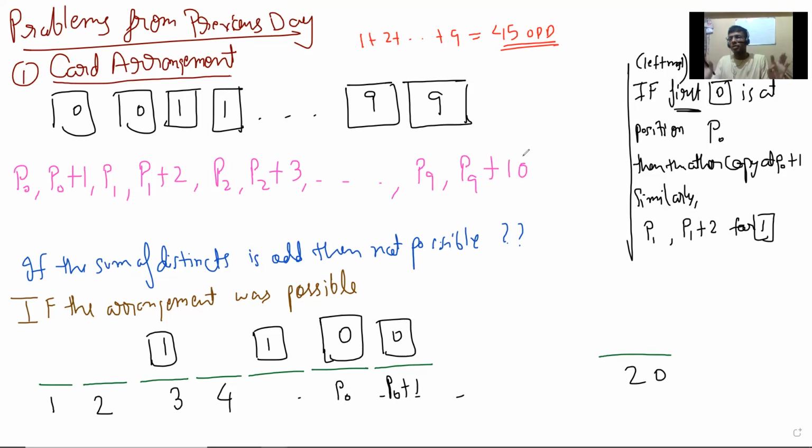So these are my positions. Now just take a few minutes and think, what can we say from it? These are all the possible positions, if such an arrangement was possible. Okay, just think, I'll just drink some water.